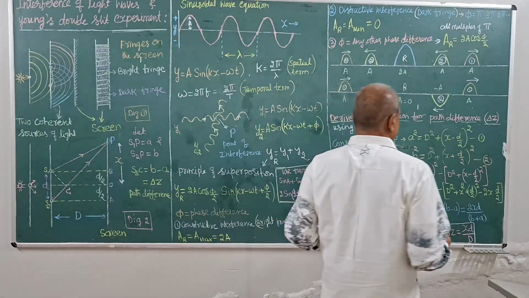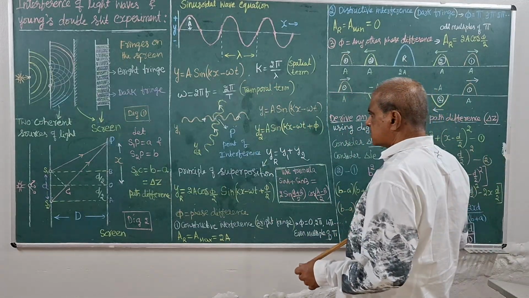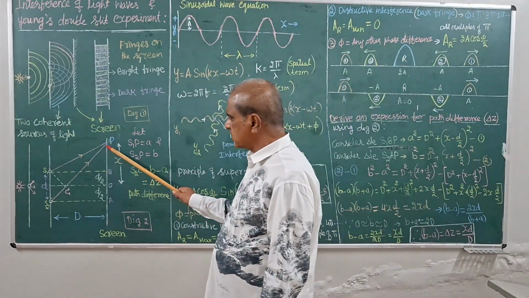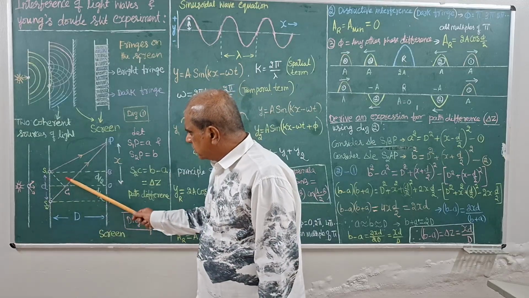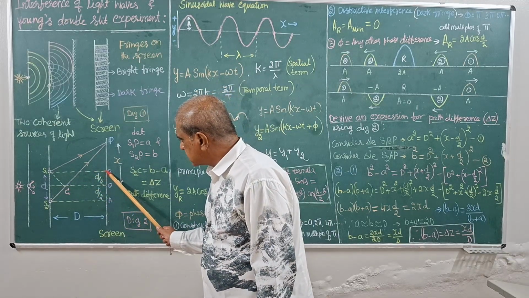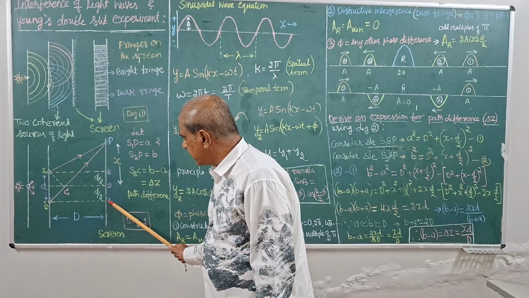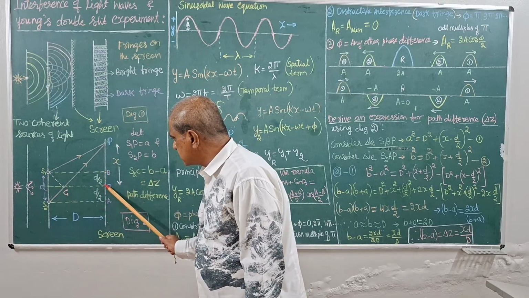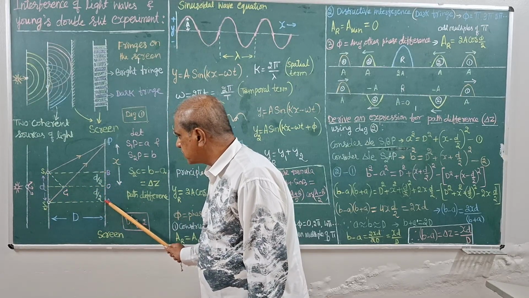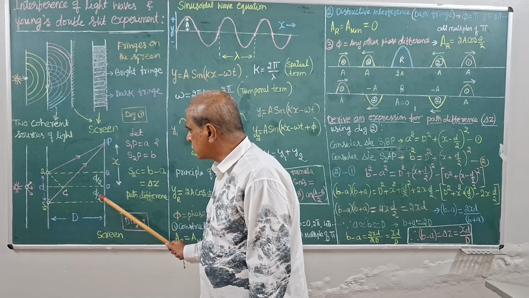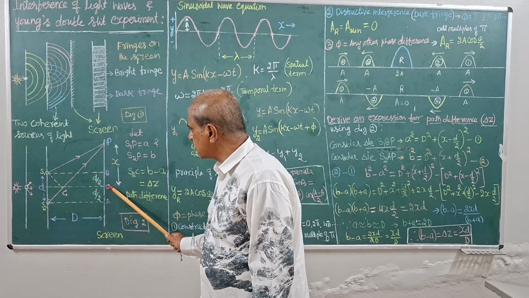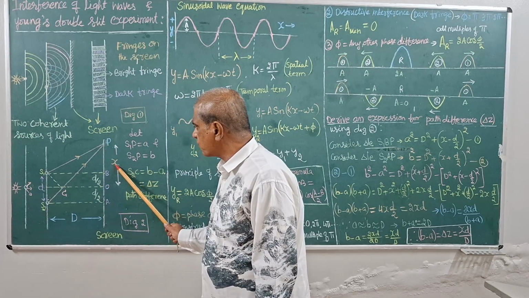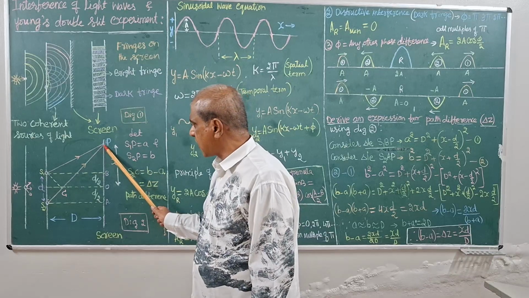And using this diagram, we can derive that mathematical equation. Let us derive that equation using the same geometry. In this we have, let us call this point B, this is O, this is A, and if the distance is d, then this distance is d by 2, this distance is d by 2, from the center point. Let us call the distance between this center point and P, where we get the fringe, as x.